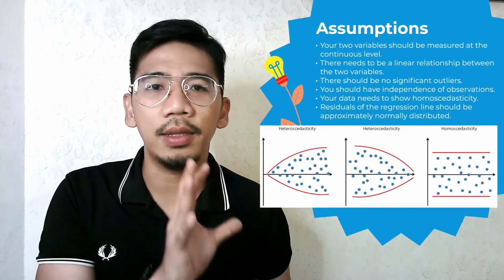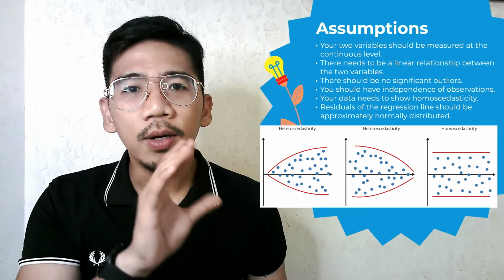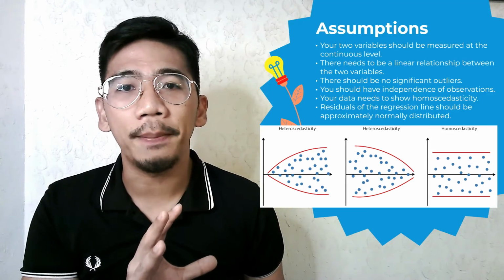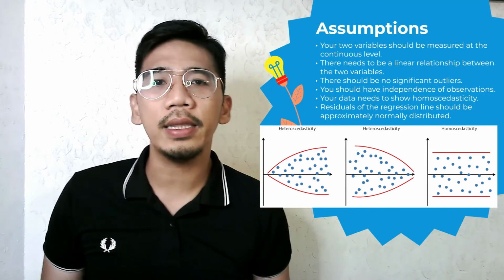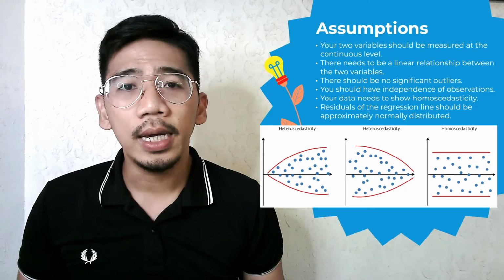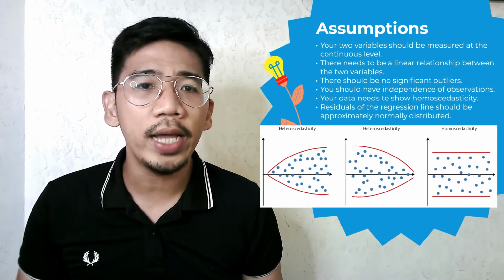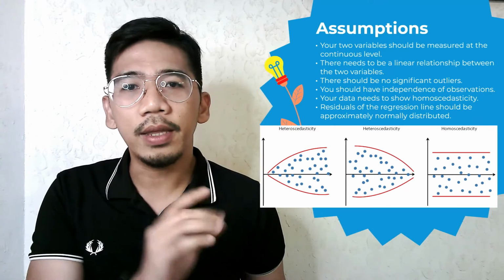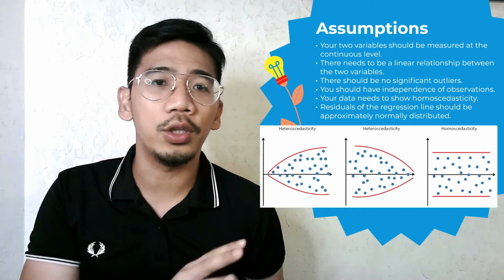Take a look at the three scatter plots here, which provide three simple examples: two of data that fail the assumption, called heteroscedasticity, and one of data that meets this assumption, called homoscedasticity.